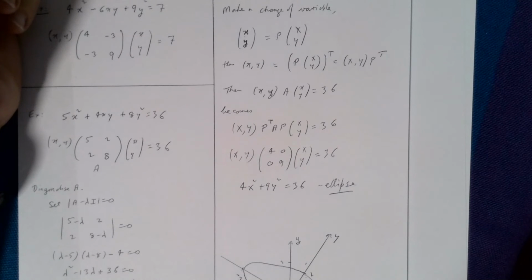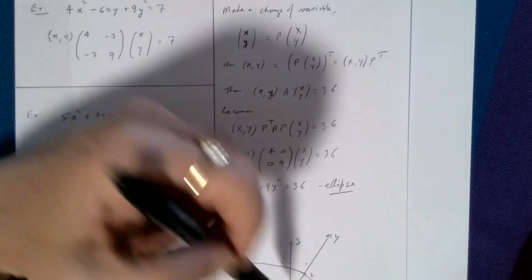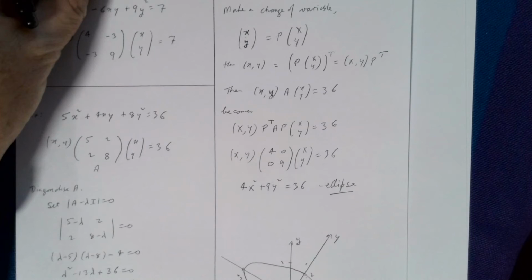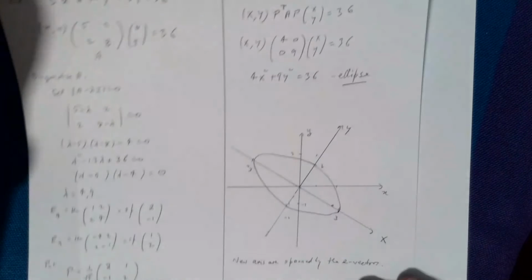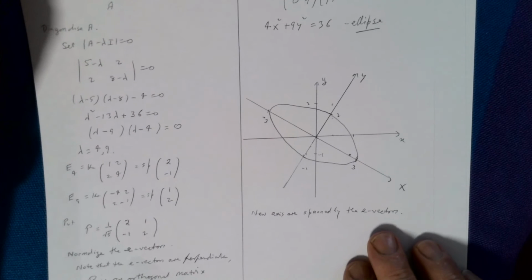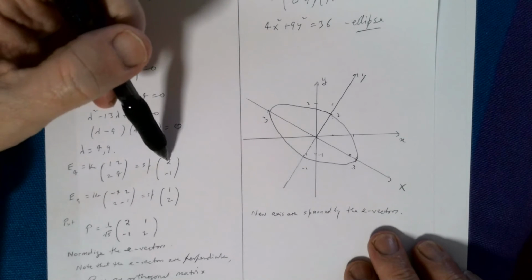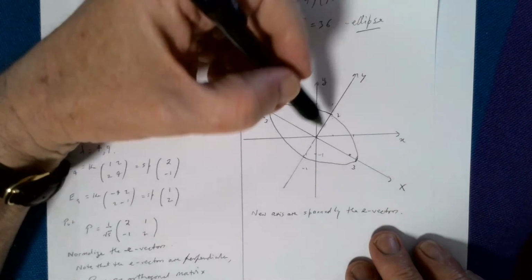Now, furthermore, these new axes, these X and Y, are spanned by the eigenvectors. So there's the picture. This new one is spanned by the eigenvectors. The first eigenvector was 2, minus 1, so I'll draw 2, minus 1.